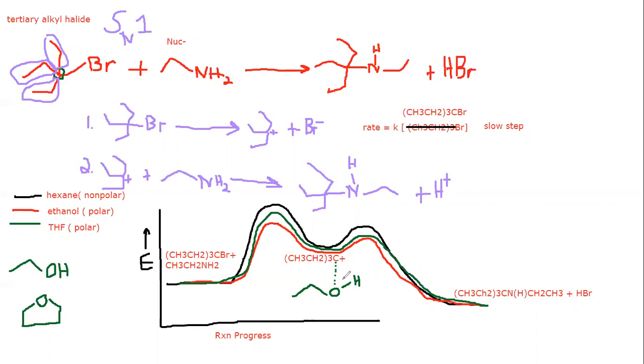And so that stabilizes the carbocation, and therefore giving it more stability so the nucleophile can attack. And that's why protic polar solvents are preferred by SN1 reactions, because they stabilize, excuse me, the carbocation.